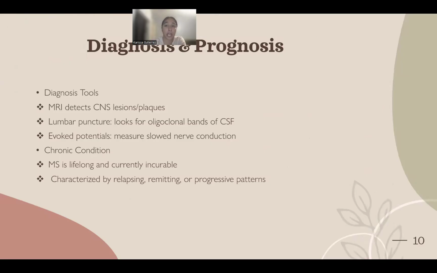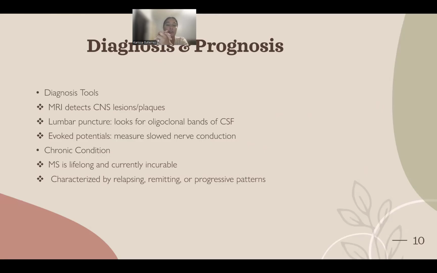When diagnosing MS, it typically involves multiple tests. An MRI is a pretty good standard to start with. It reveals white matter lesions in the brain and the spinal cord, often occurring in specific regions.